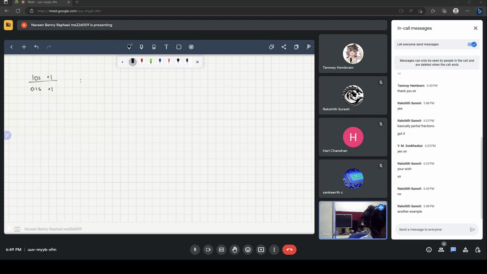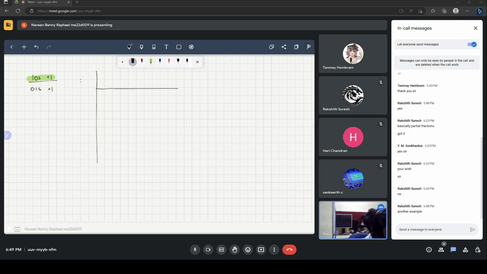So if you're looking at the magnitude plots, we'll first look at 10s plus 1. Will 10s plus 1 go up or down?